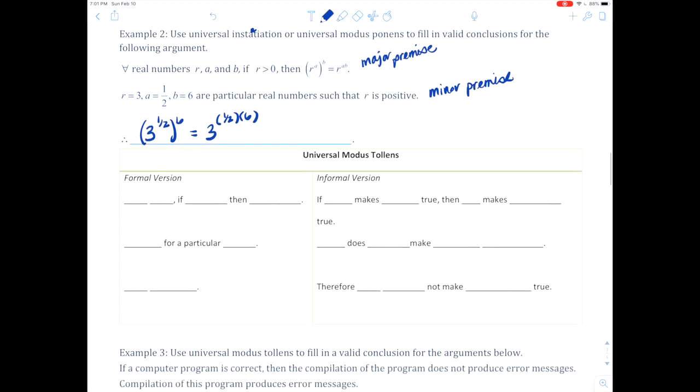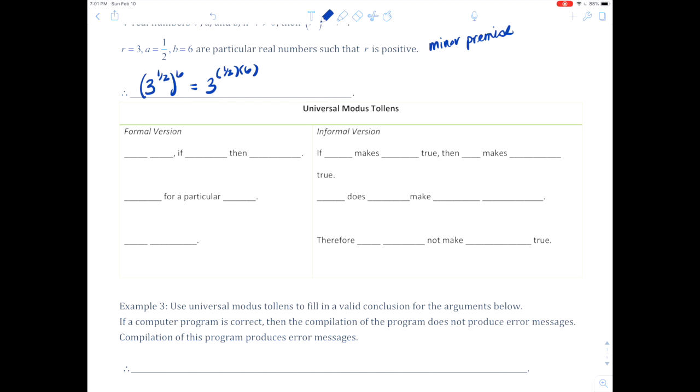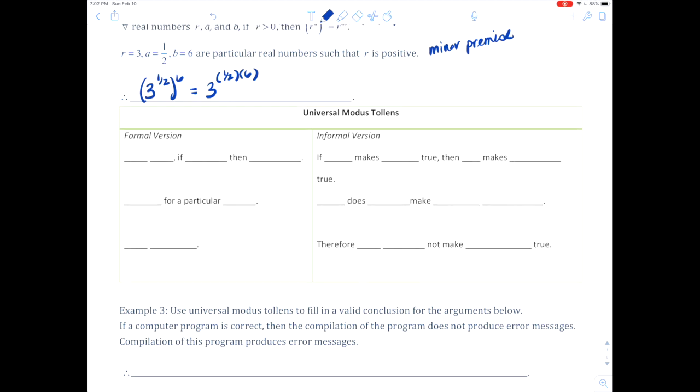Awesome. All right, now, of course, if there's universal modus ponens, there needs to be universal modus tollens. So the formal version, remember with modus tollens, you negate your q of x. So for any x, if p of x, then q of x. Then we would say not q of a for some particular a, so negating that second predicate, and we would say therefore not p of a.